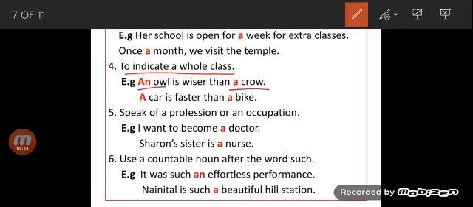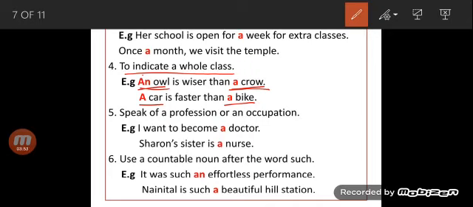So here an owl indicates the whole class. Similarly, a car is faster than a bike. So here a car refers to the whole class of cars. Okay.